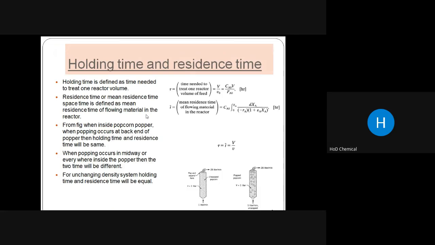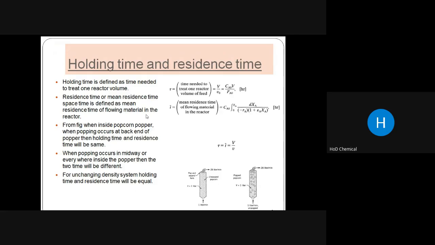After the residence time, in non-ideal reactors, based on the time factors, it can be divided into two types: holding time and residence time. How do we define the holding time?